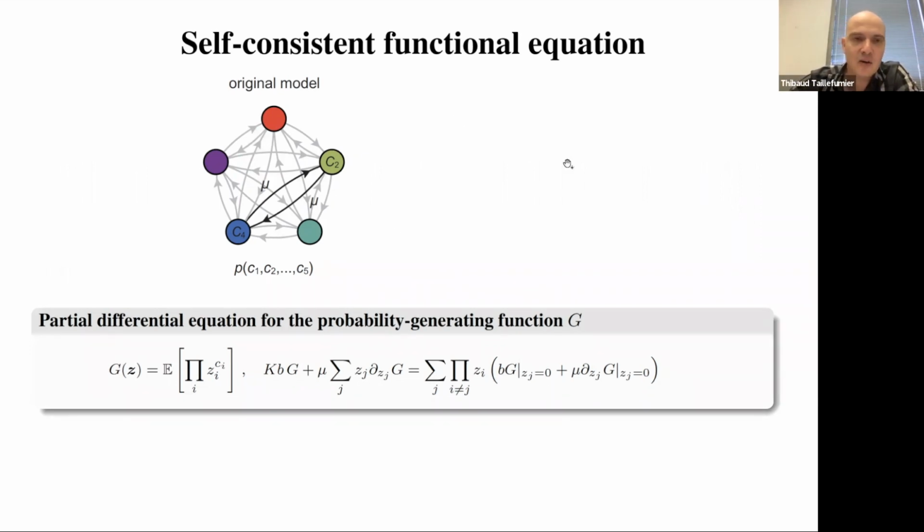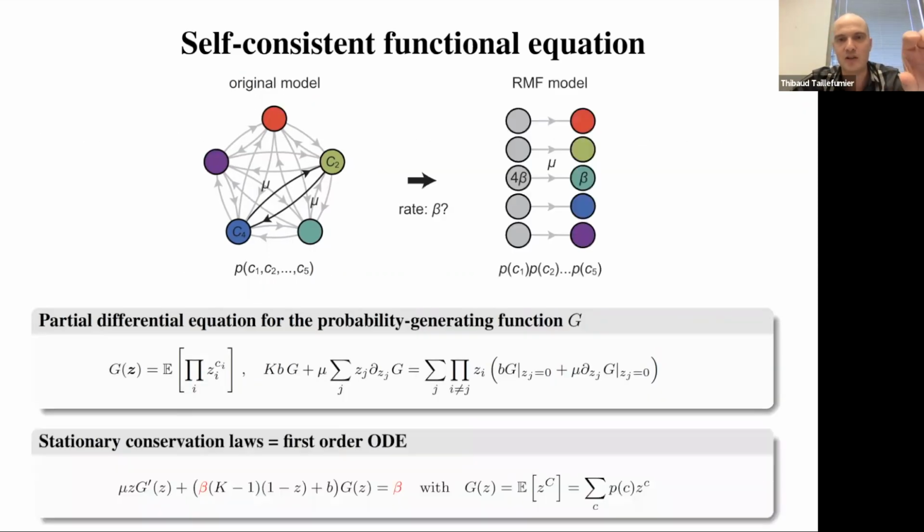Now, if I look at the replica-mean-field model of this simple homogeneous network, what I would do is transform this originally interacting particle system into a collection of independent ones, one for each neuron. I mean, they're all the same. And they're also going to be self-consistent. Why? Because everything is homogeneous. All neurons play an exchangeable role.